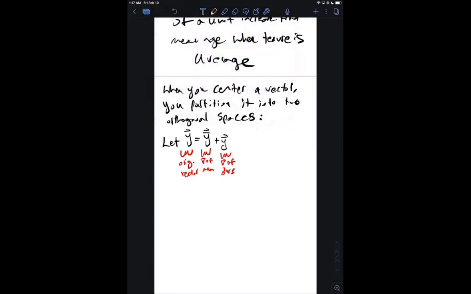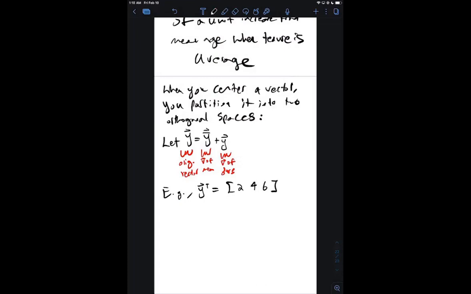So here's an example. Y transpose is equal to this row vector 2, 4, 6.